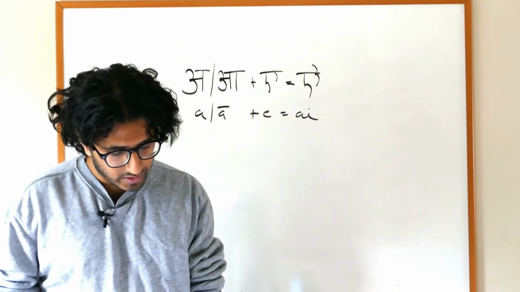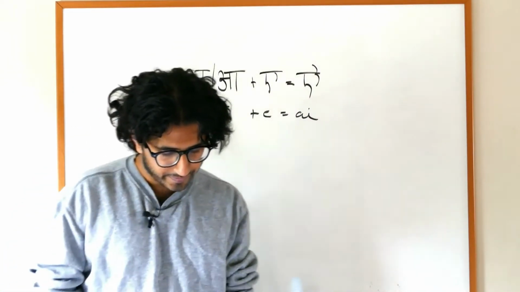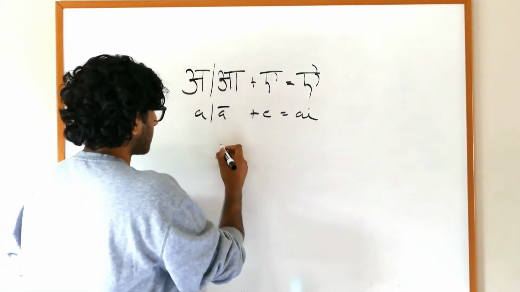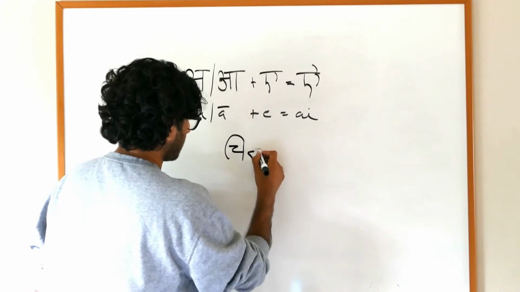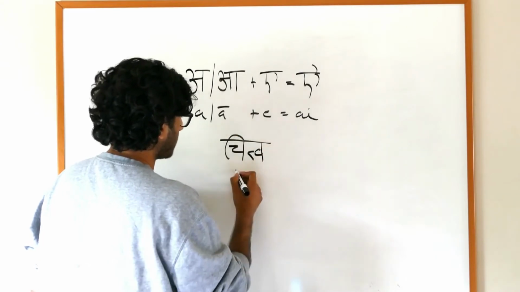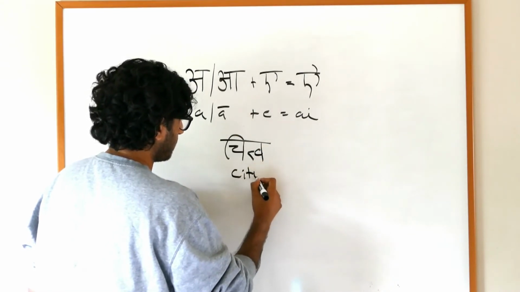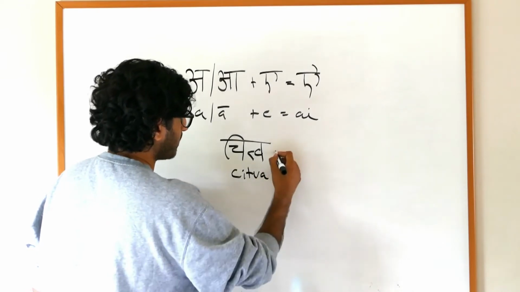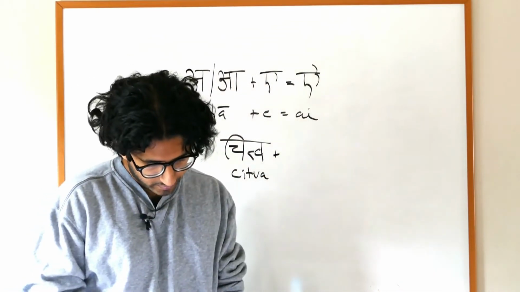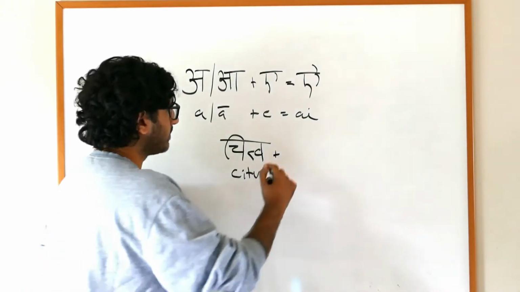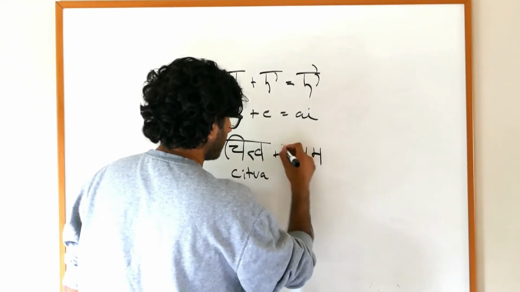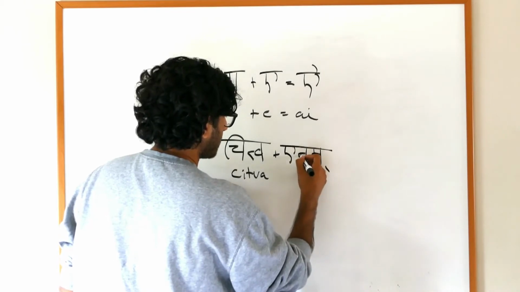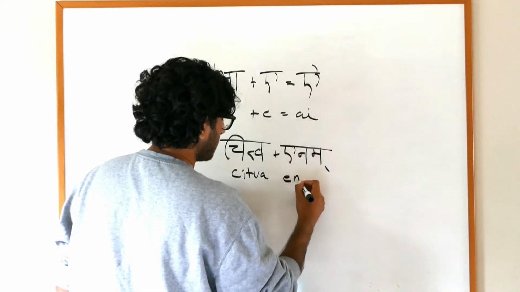Now, the example here is, in the text we have chitva plus enam. Chitva plus enam.